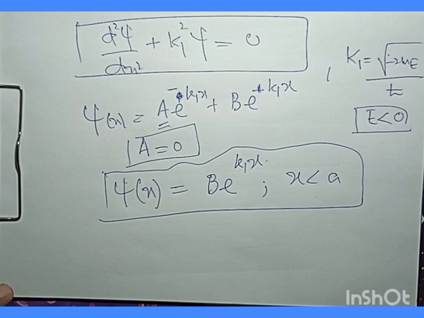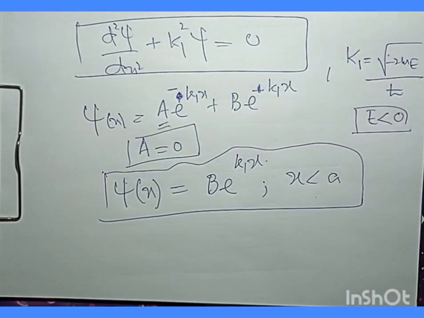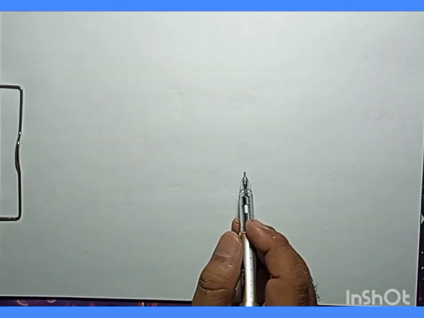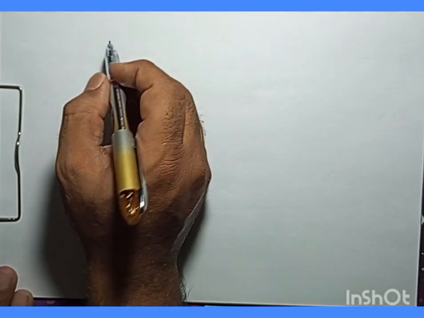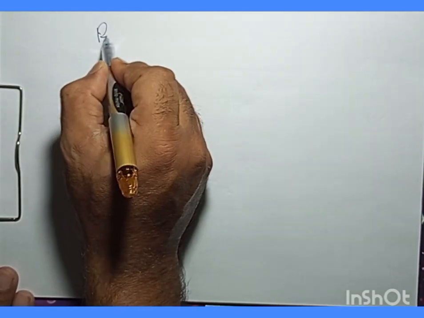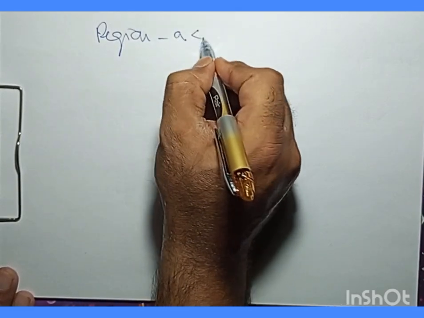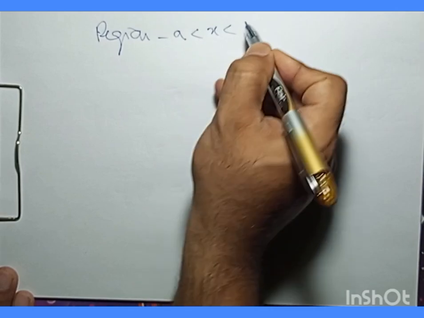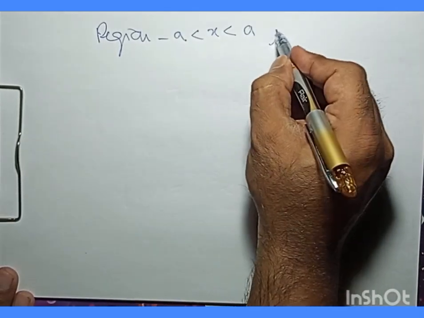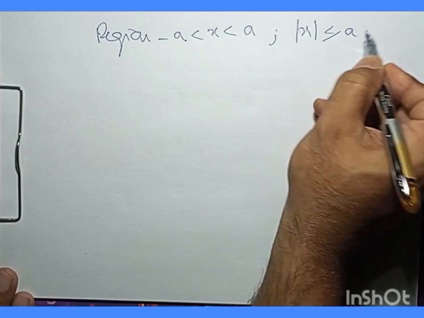Now we have another region. We have the region from minus a to plus a, and we would like to write down the Schrödinger's wave equation in this region. That region is from minus a to plus a, or in the short form we can write the magnitude of x less than or equal to a.